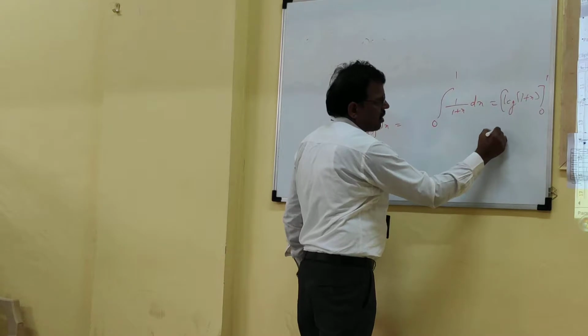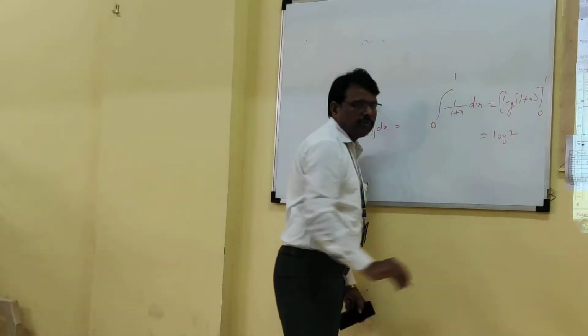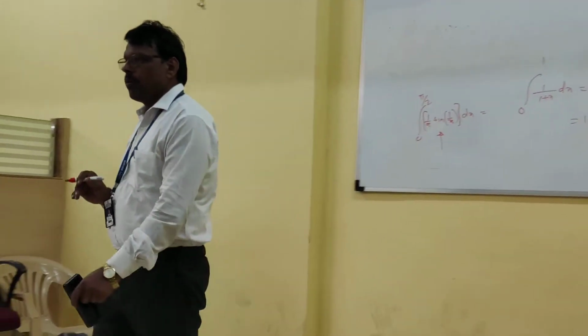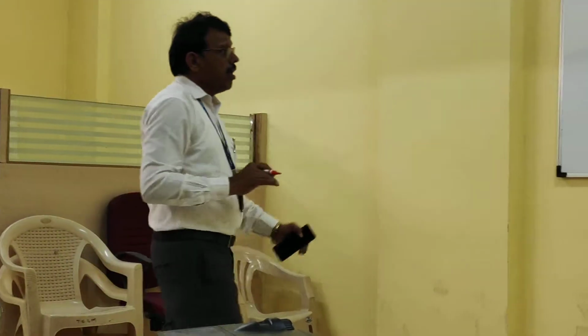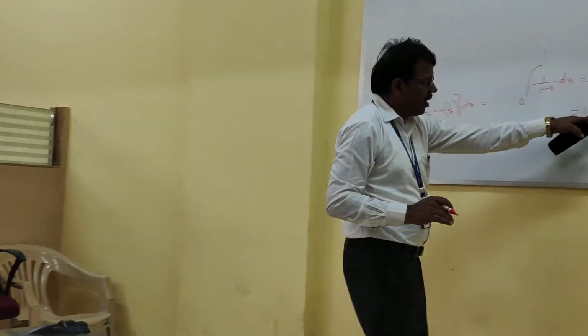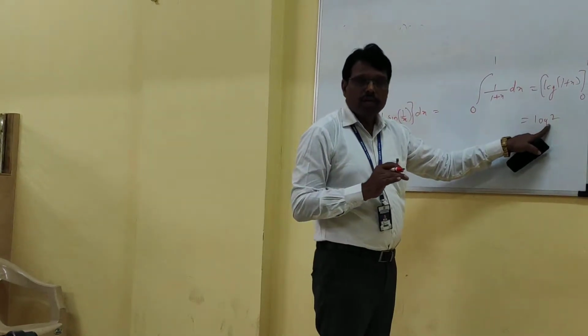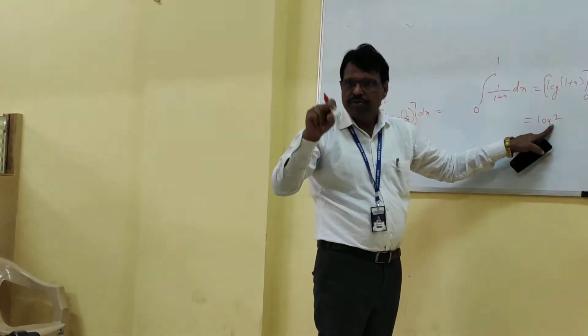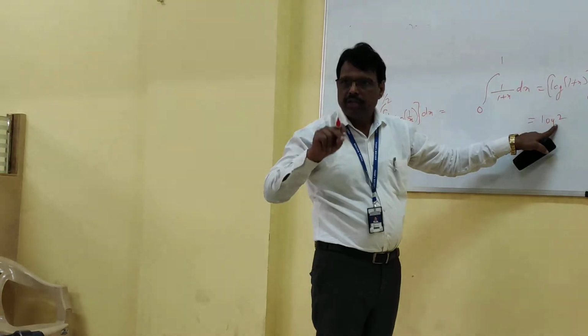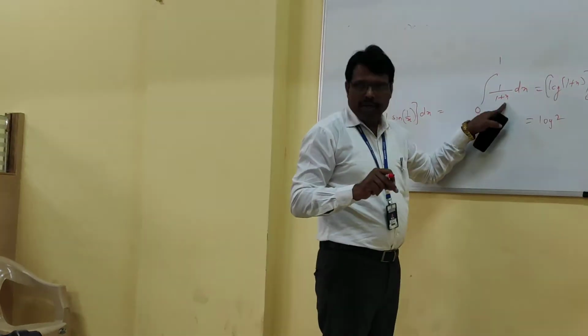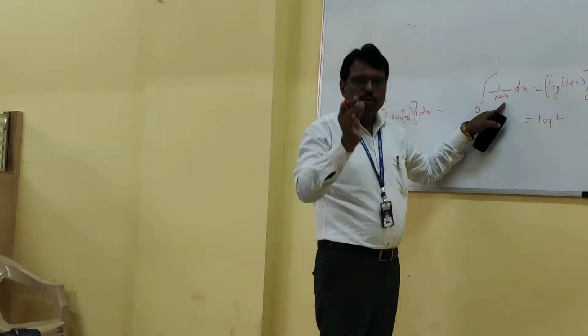So this answer is log 2, upper limit minus lower limit, log of 2 to the base e. Whatever the answer may be, we are getting it. This answer is also calculated by the first 3 rules, Simpson's 1/3 rule. It is possible by both methods.